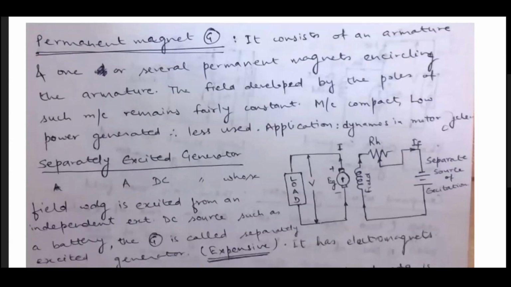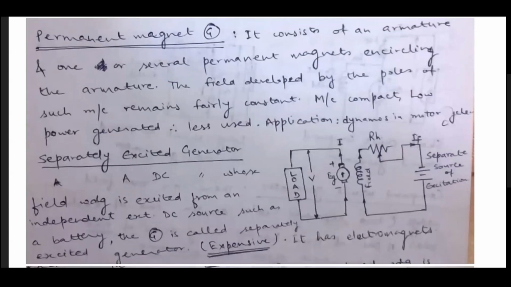So in the permanent magnet generator, it has very good magnetic properties, which means that the flux, the magnetic lines of force, will travel from north pole to south pole automatically and in abundance.